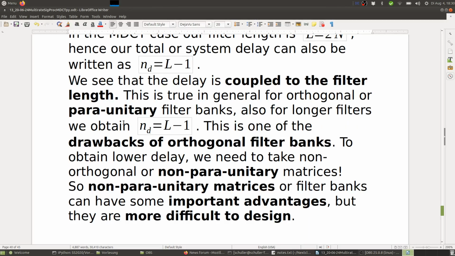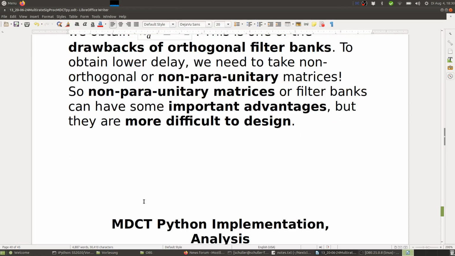Also for longer filters, we obtain ND equals L minus 1. This is one of the drawbacks of orthogonal filter banks. To obtain a lower delay, we need to take non-orthogonal or non-paraunitary matrices. So non-paraunitary matrices or filter banks can have some important advantages, but they are more difficult to design.